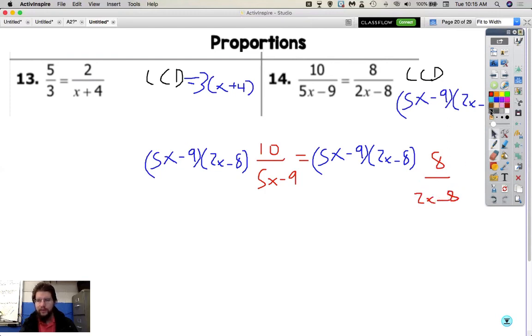Now remember how fractions work. If we are multiplying and dividing by the same thing, well, those just cancel each other out. Anything divided by itself is 1. Same thing on this side. So all I have to do is rewrite it. And I like putting my constant out front.